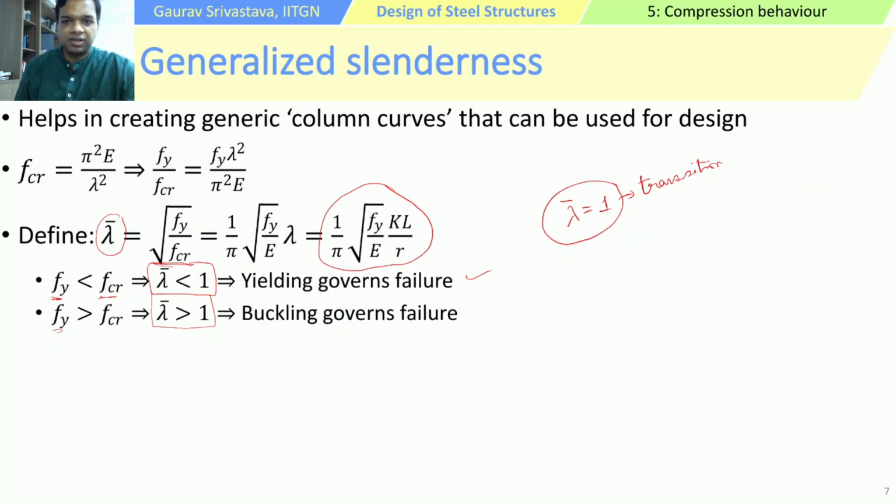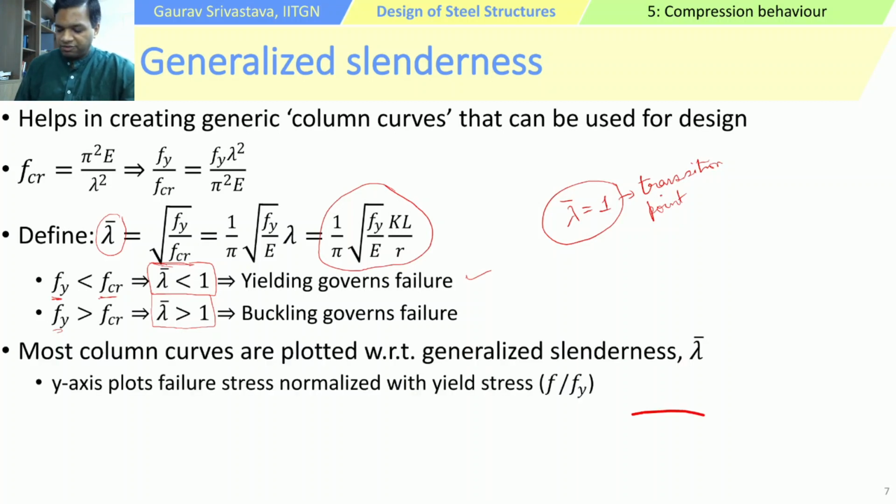So that is one advantage of defining this generalized slenderness. Most of the column curves are defined in terms of generalized slenderness. So on the x-axis of all column curves, usually generalized slenderness is shown. On the y-axis, instead of showing the critical stress, what is shown is the failure stress divided by Fy.